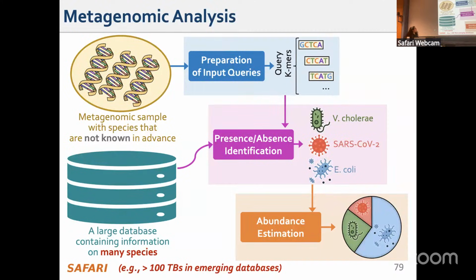Then in the second step, we look them up in this large database containing information on many species and figure out which species are present or absent in the sample. Then the third, optional step would be abundance estimation. There are also other downstream tasks one might want to do. But this database can be very large. In some cases, it can be more than 100 terabytes even.